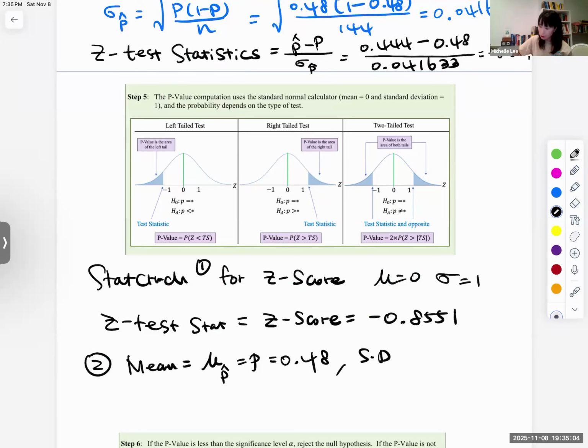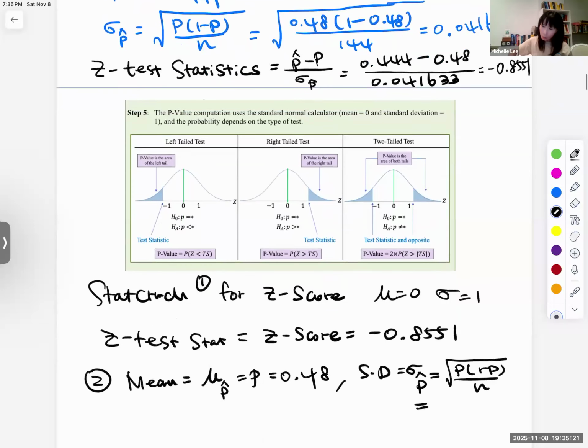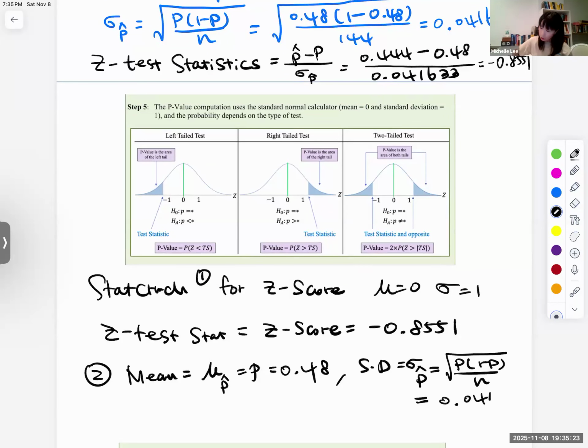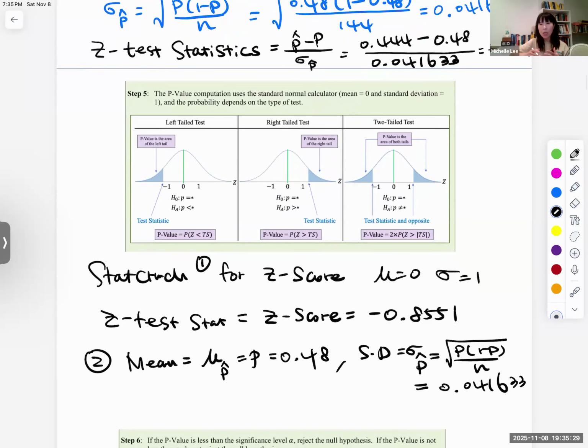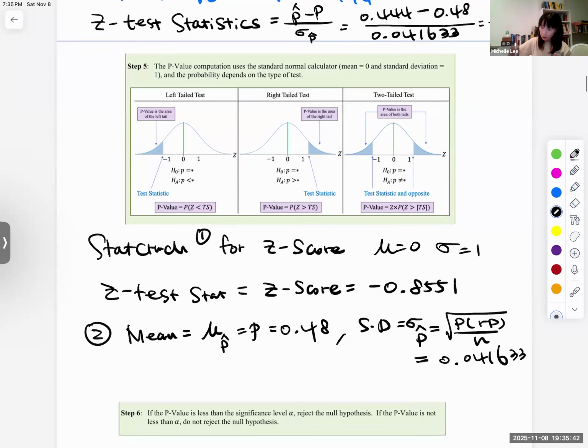Then the standard deviation, let me denote it, is sigma sub p hat, the square root of p times 1 minus p over n, which in this case is 0.041633, right? We did this in section 7.4, the sampling distribution of the sample proportion. Okay, so we are using that.